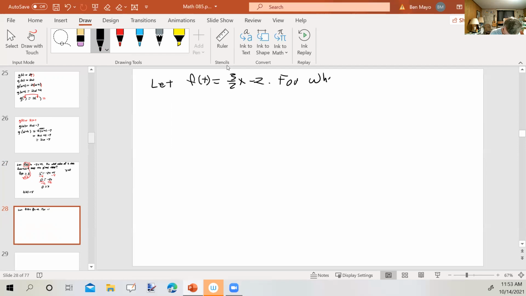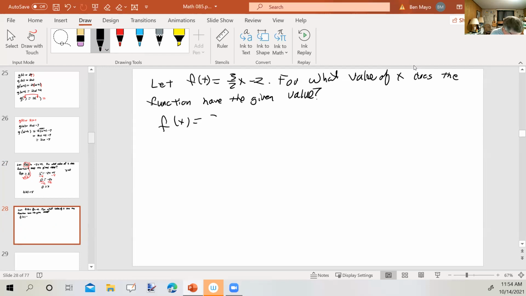For what value of x does the function have the given value? And it says f of x equals 2/3. So again, they're giving us the y value. We have to find the x value.